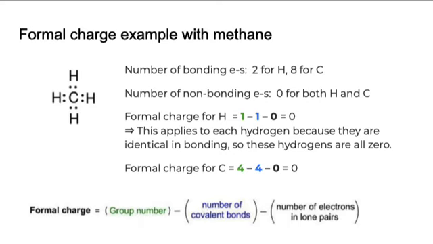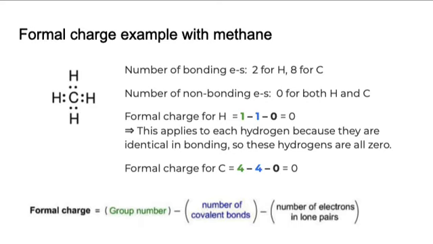So the formal charge calculation for hydrogen becomes 1, the valence count, minus 1, the number of covalent bonds, minus 0, the number of electrons that are lone pair electrons. Likewise, the formal charge calculation for carbon is the group number 4 minus 4 covalent bonds and minus 0 lone pair electrons. So the formal charge equals 0 on both of these atoms.